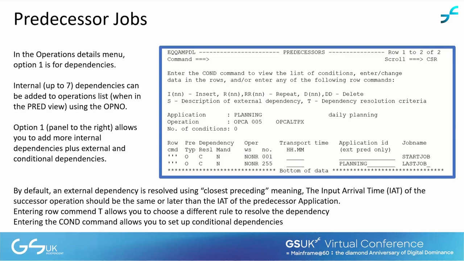You can put internal and external ones. An external dependency must have an application telling you which, and in this case, it's the same application. So we're basically saying we're waiting for this to happen in the previous occurrence of this application.